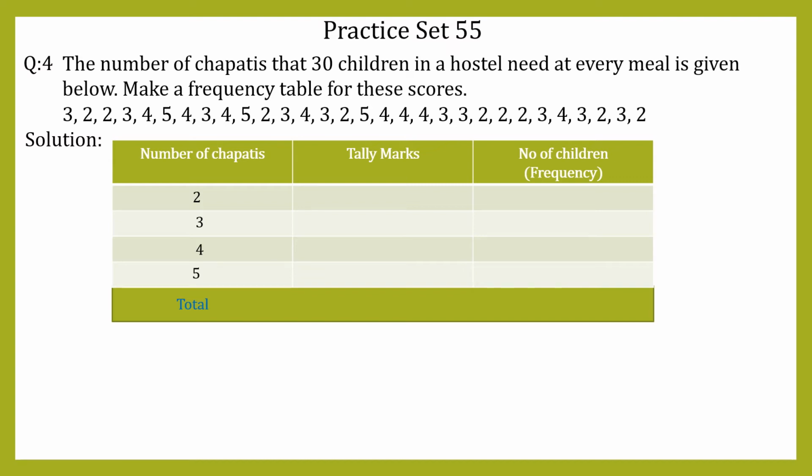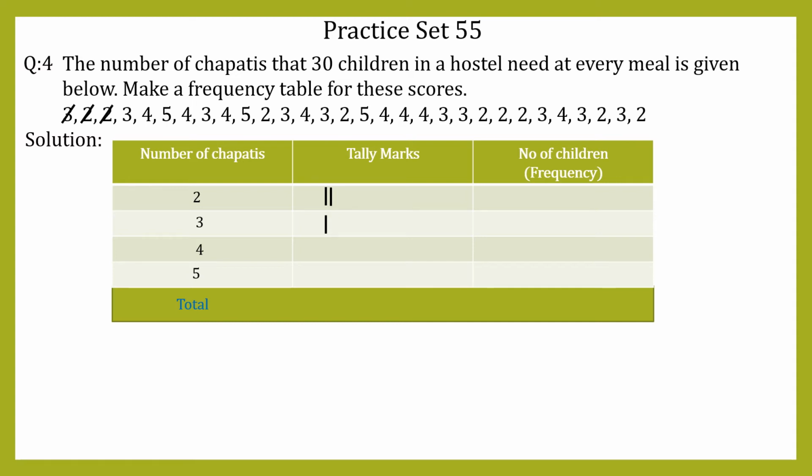Now let's start. Now the first number is 3, so against 3, we'll put one tally mark and we'll cancel it. The next number is 2, so one tally mark for 2 and then we'll cancel it. One more 2 we have, so a tally mark for 2 and then cancel it.